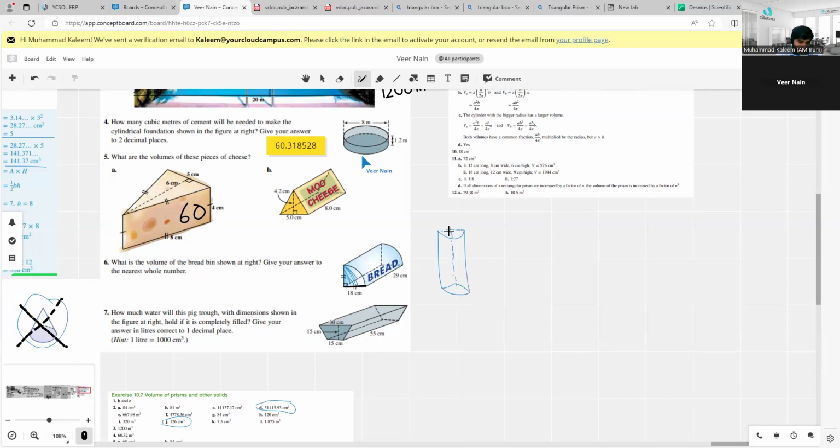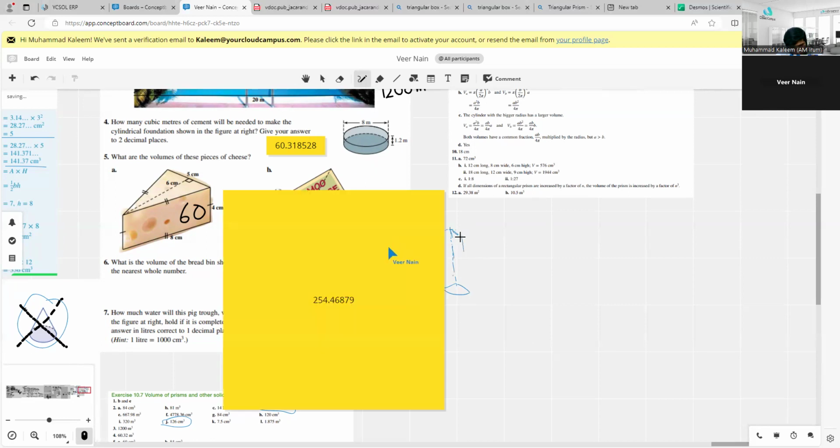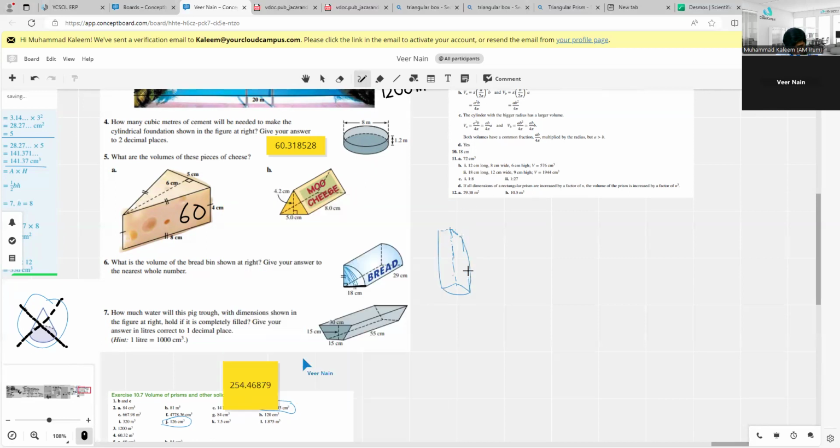Consider this one like this to make it more clear. Yeah, I understand the question. This is the area of this part.